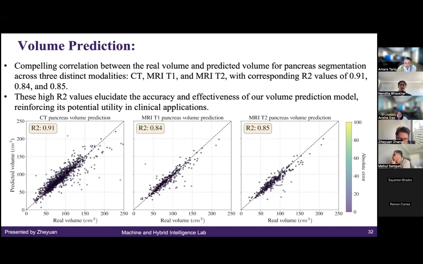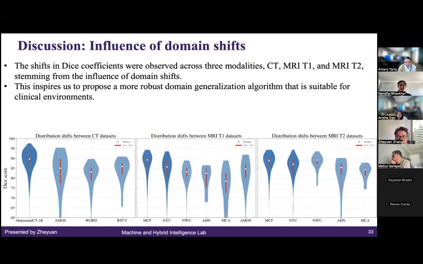It means that we can really apply these methods in clinical environments. We also visualize the domain shift between these data centers, which means that we need to propose a more robust domain generalization algorithm such that we can make this suitable for clinical environments.